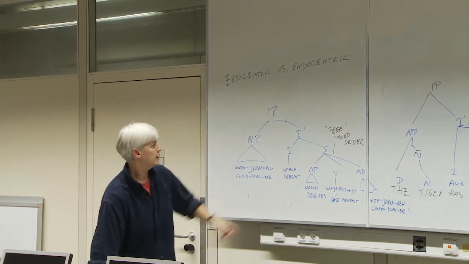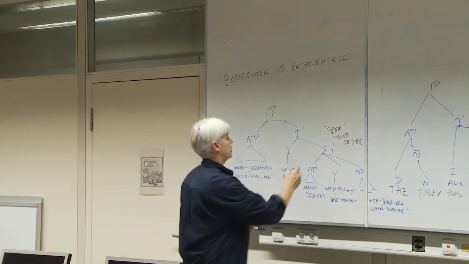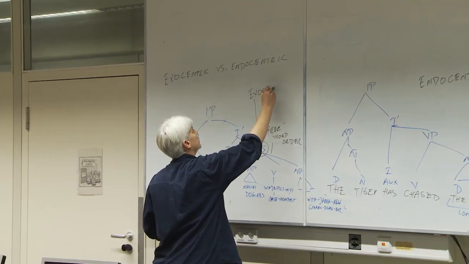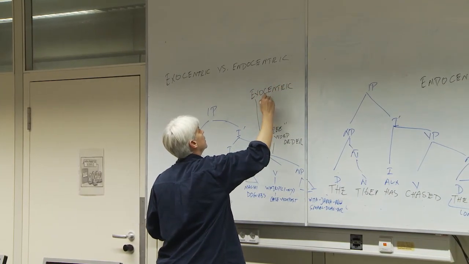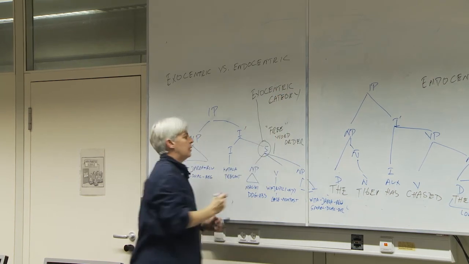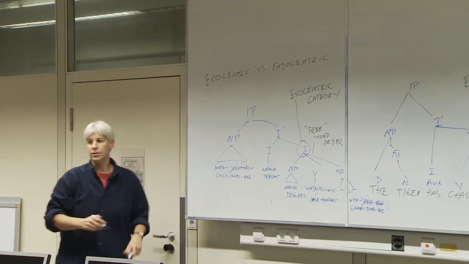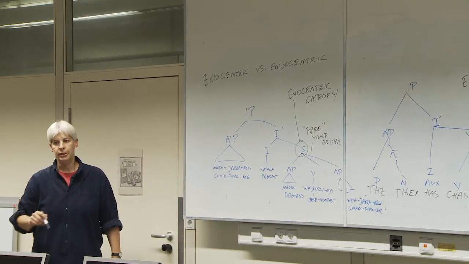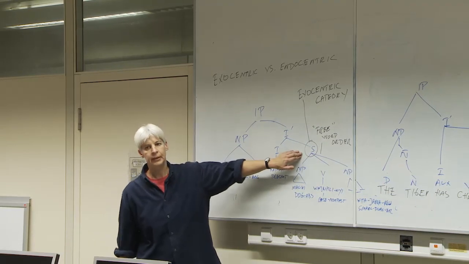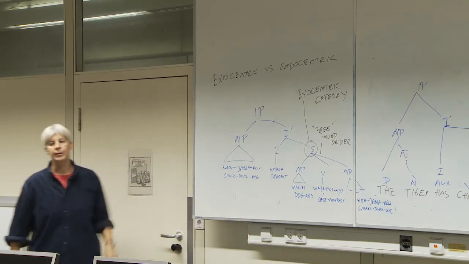So the idea is that this is actually an exocentric category. It's not being projected by anything. There's not an S, S-bar, SP. It's a phrase label, and it's not coming from any lexical item.